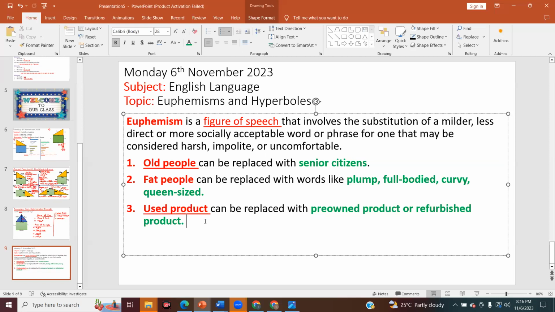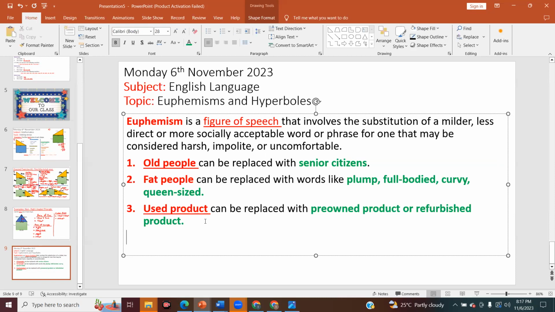Petite. Yes, petite. So that's a very good euphemism. Late bloomer, vertically challenged is a good one.